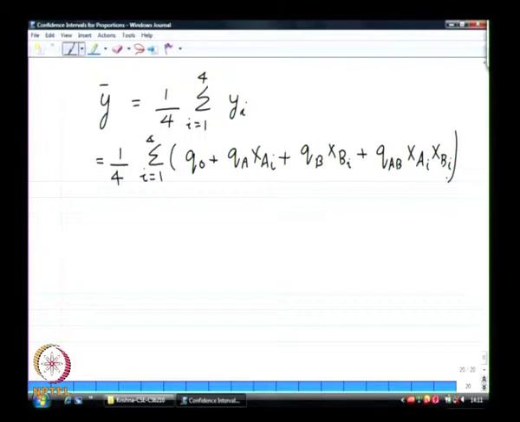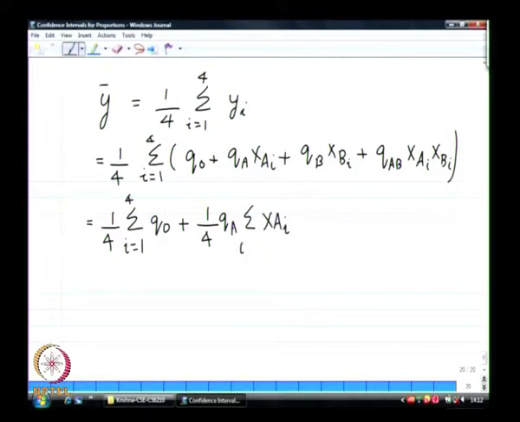That is from the definition of yi, right. So if I separate those terms out, this is 1 by 4 into sigma q naught across all the 4 terms. Then qa gets extracted out, xai is what remains, and then it is 1 by 4 qb, and so on.